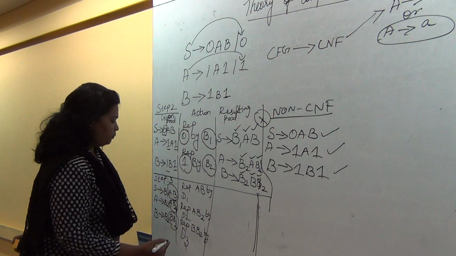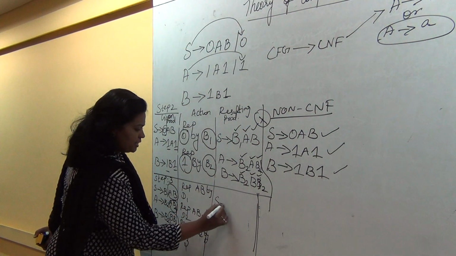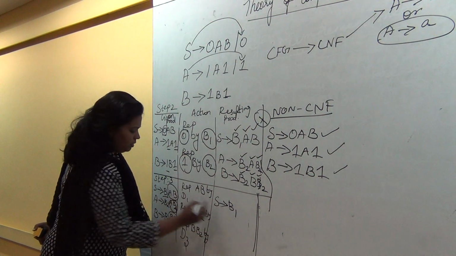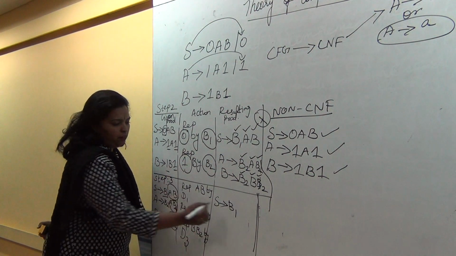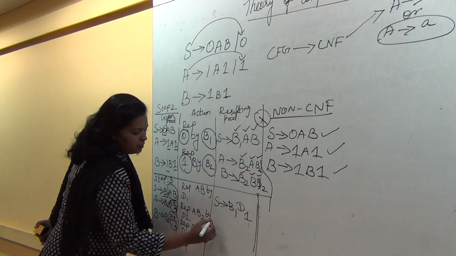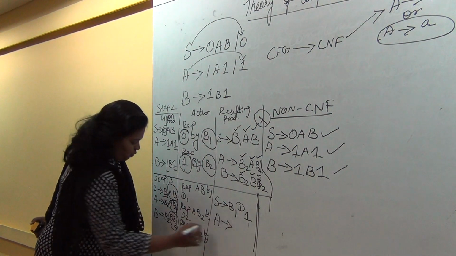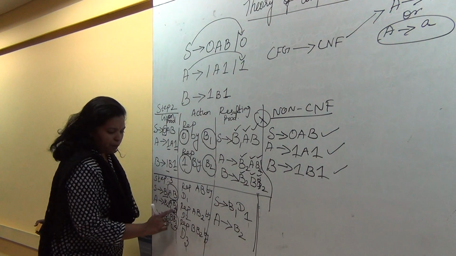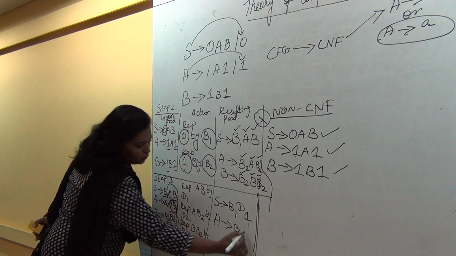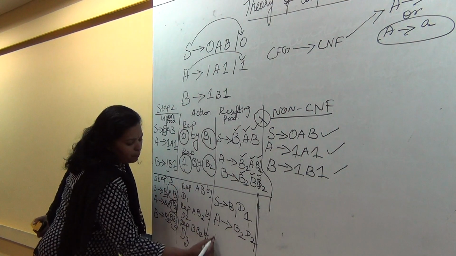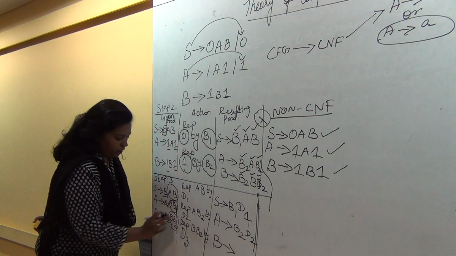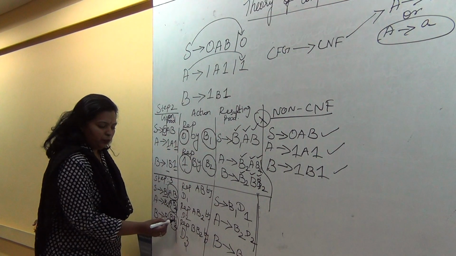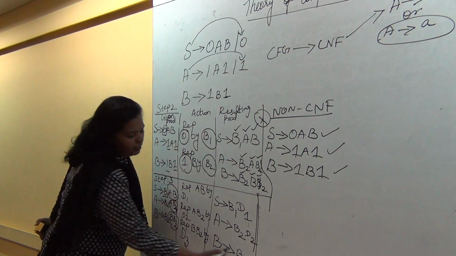So our resulting production will be S tends to B1 as it is, and AB will be D1. So D1. Again A tends to B2 as it is, and AB2 is replaced by D2. So D2. B tends to B2 as it is, and BB2 is replaced by D3. So D3.